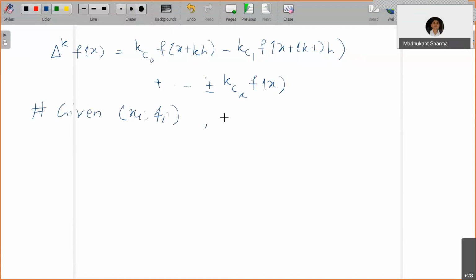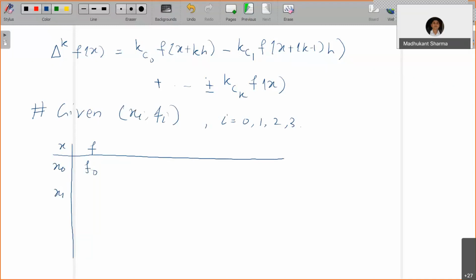Let's take only four points, 0, 1, 2 and 3, and see how to write the forward difference table for the given data. First I will write x and f. The points are x0 f0, x1 f1, x2 f2, x3 f3.